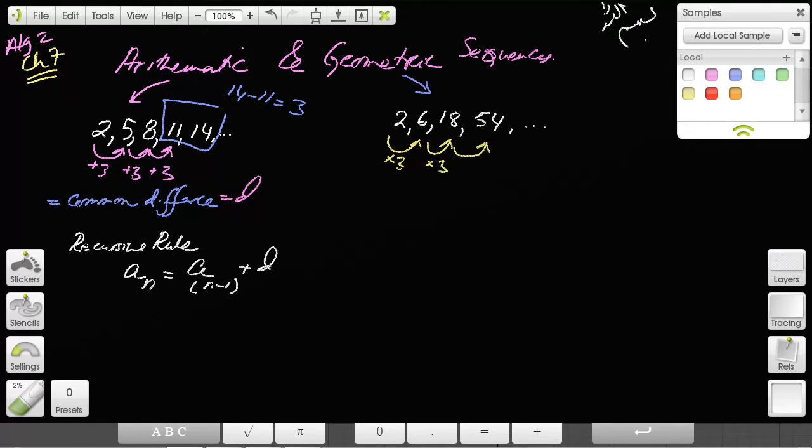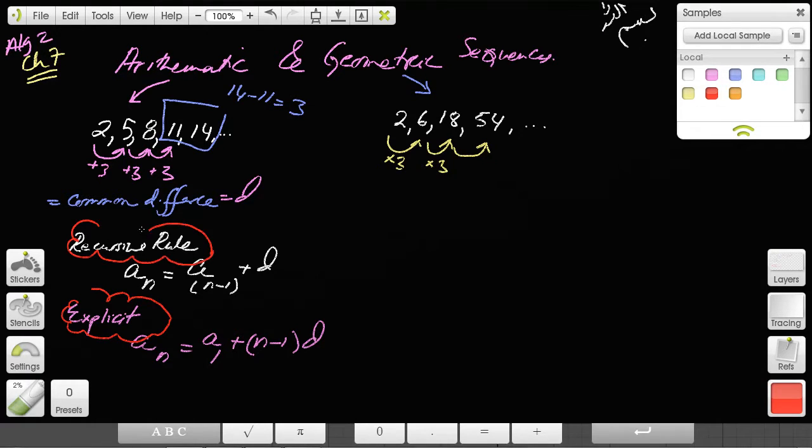Then we define the explicit rule, which does not depend on the term before it, but rather on the first term, a sub 1, plus n minus 1 times d, since you add a certain number of d's. So this was the explicit rule and the recursive rule for arithmetic sequences.